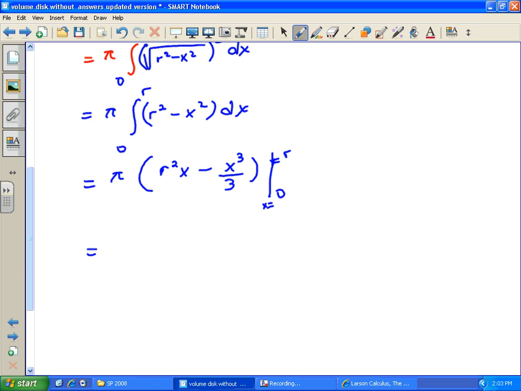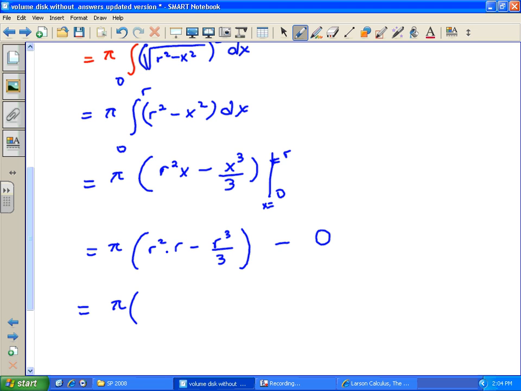Start plugging in the upper limit. For everywhere you see an x, plug in an r. Then plug in a 0 everywhere you see an x, and simplify. We have pi times r cubed minus r cubed over 3.